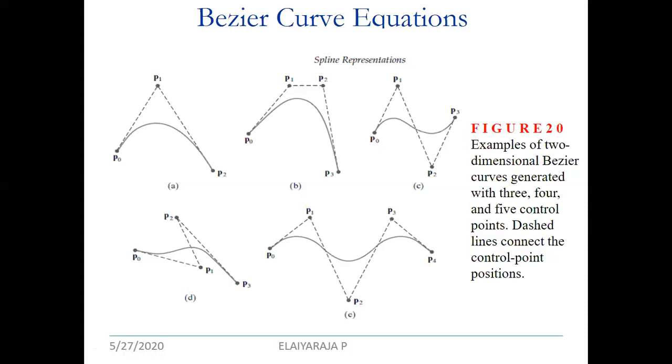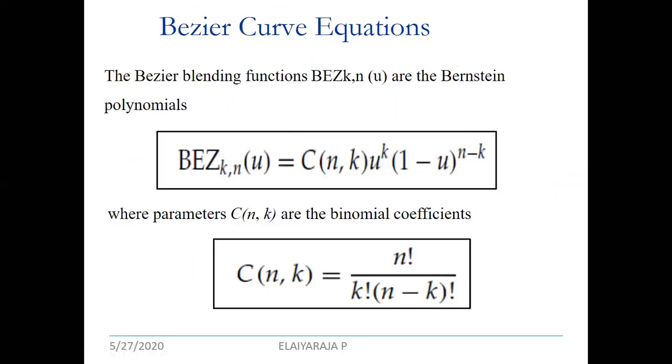So when you write the degree of polynomial based on these control points, this curve has 3 control points, so your degree of polynomial is going to be 3 minus 1, which is 2. That means you are going to write a degree of polynomial equation, whether linear, quadratic, cubic or quintic, that you are going to decide.